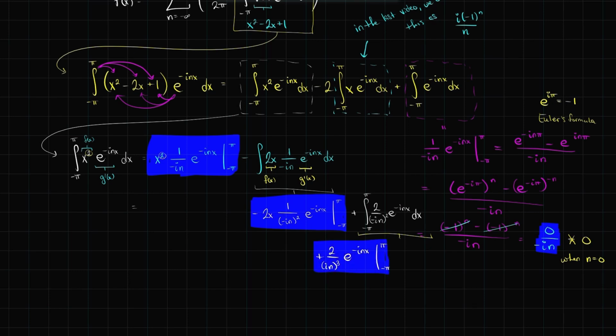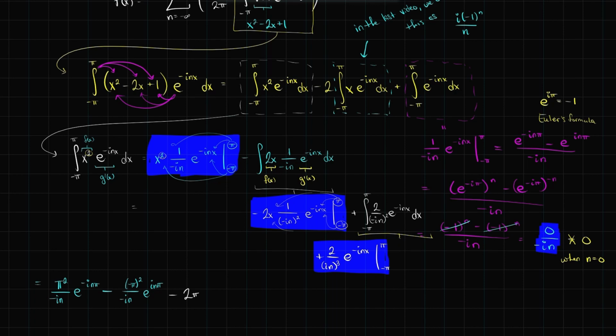So let's do that. Plugging everything in, putting pi in for both copies of x and minus pi in for both copies of x, I'm left with pi squared divided by negative i n, e to the negative i n pi, minus negative pi squared over negative i n, e to the positive i n pi, because the two negative signs cancel. That's my first term. My second term will be minus 2 times, I'm evaluating pi there, and negative pi there, and there.